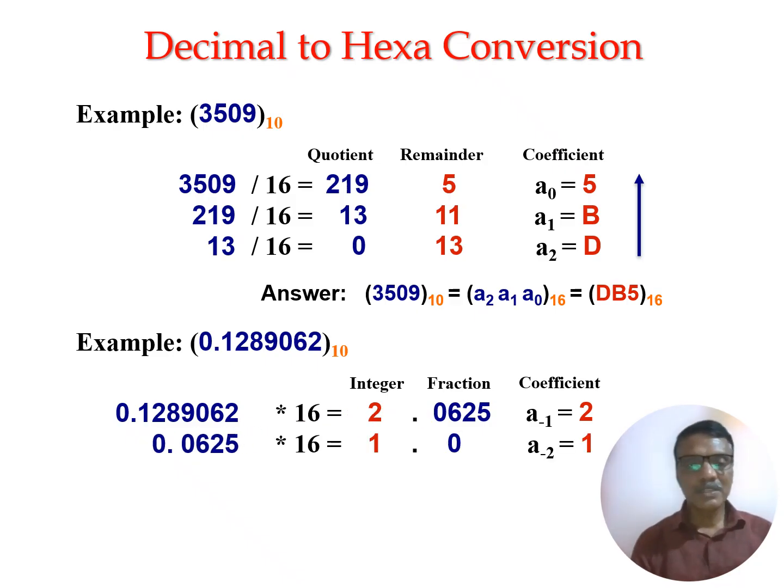So 0.0625 into 16. Then we will get 1.0. So 1 is the integer value, and that will be taken as the next coefficient. Here the fractional part is 0, so we will stop here because of the 0 value.